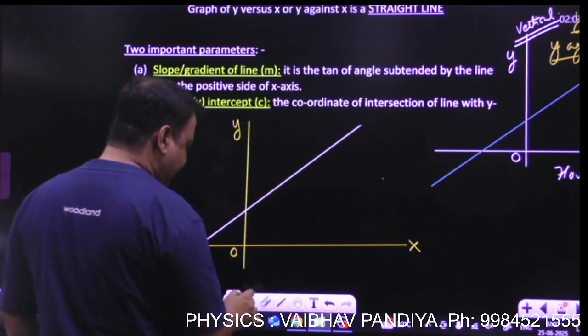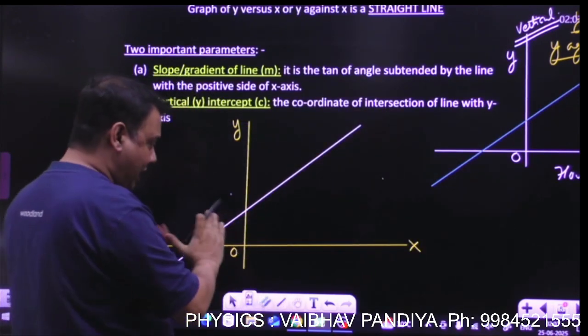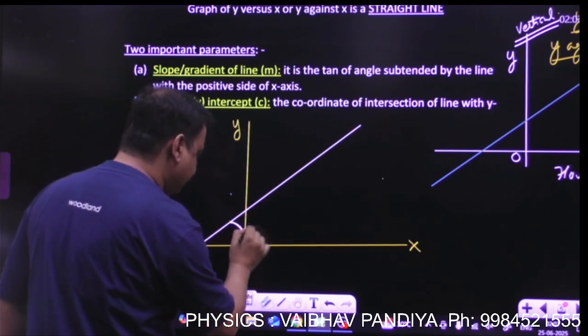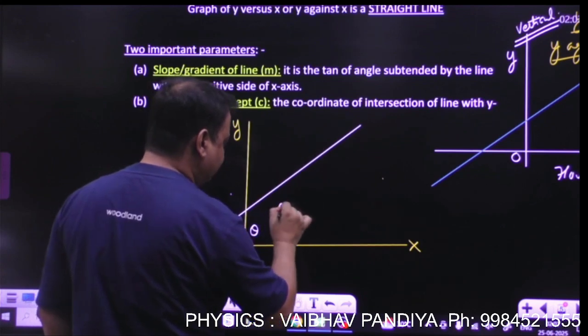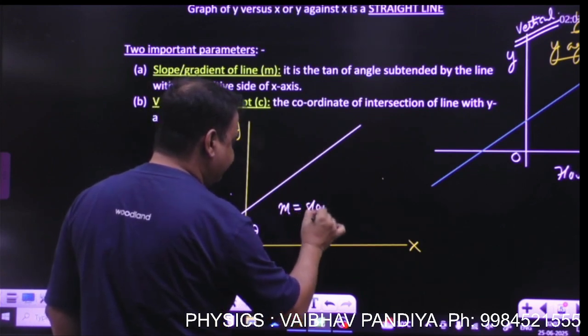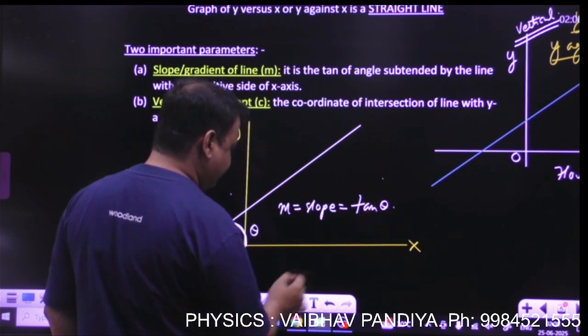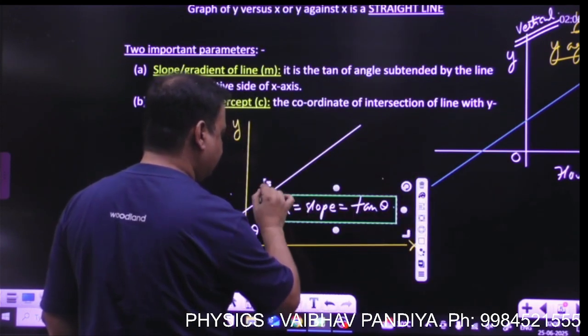Let's see the angle subtended by the straight line with the positive side of the x axis, that is this angle theta. So slope means the inclination, and we usually write slope as m, and this will be equal to tan theta. Got it? So this is the measure of the slope of the straight line.